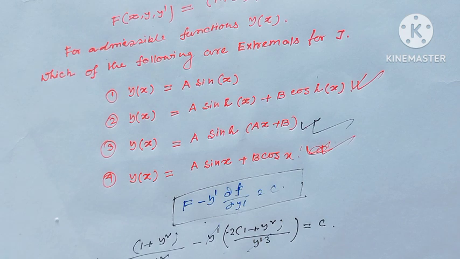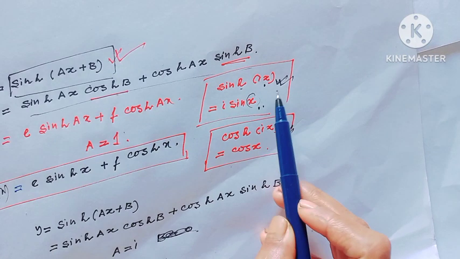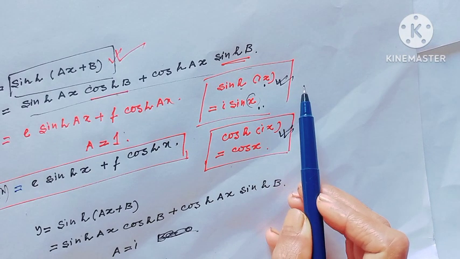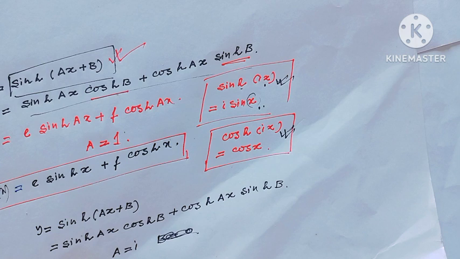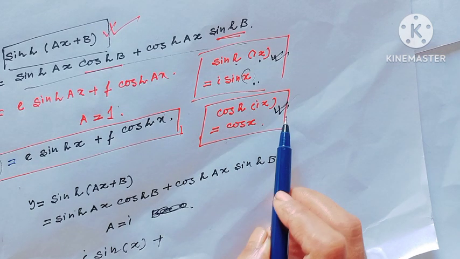Now I will show option 4 and option 1 are also right options. Notice we all of us know sine hyperbolic ix means i sine hyperbolic x, and cos hyperbolic ix means cos x.